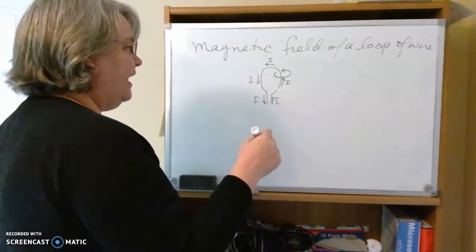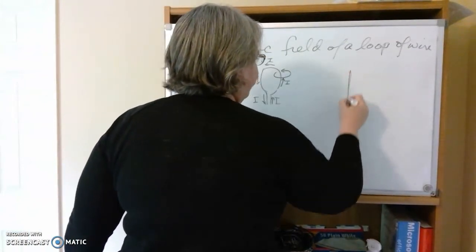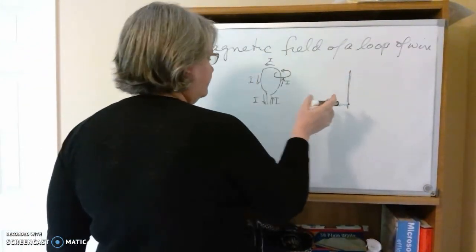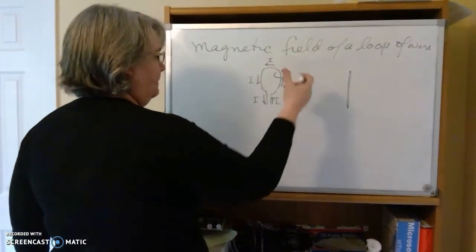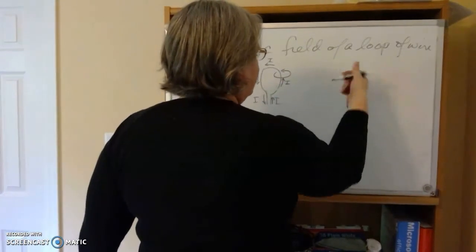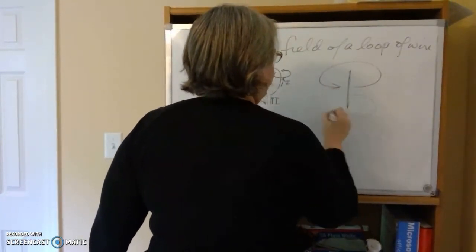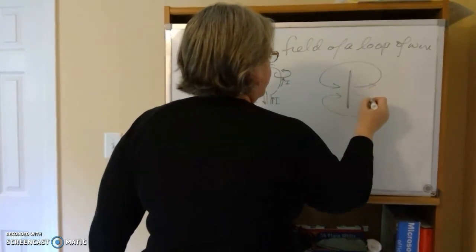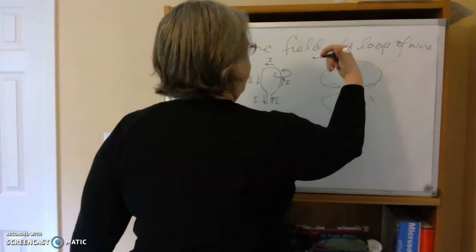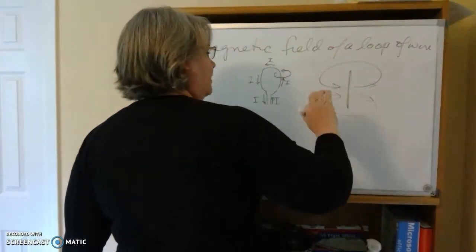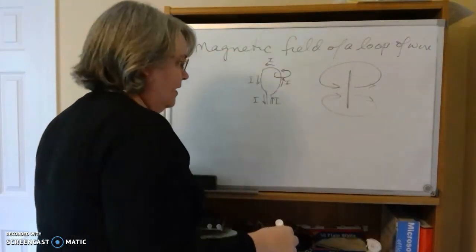But what you'll get is, if I do it completely flat from the side, current up, yep. On the back side, we've got a magnetic field that wraps around that looks like this, right? Around this way for the top of the circle, and around the bottom of the circle, around that way.